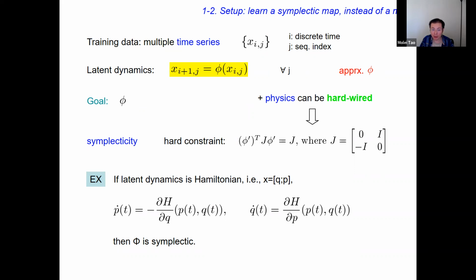It maps q_i, p_i to q_{i+1}, p_{i+1}. And now I want to find this map. If I use a black box function approximator, I can get an approximation of phi, but it'll no longer be symplectic. What we did is we found a way to construct an exactly symplectic function approximator.